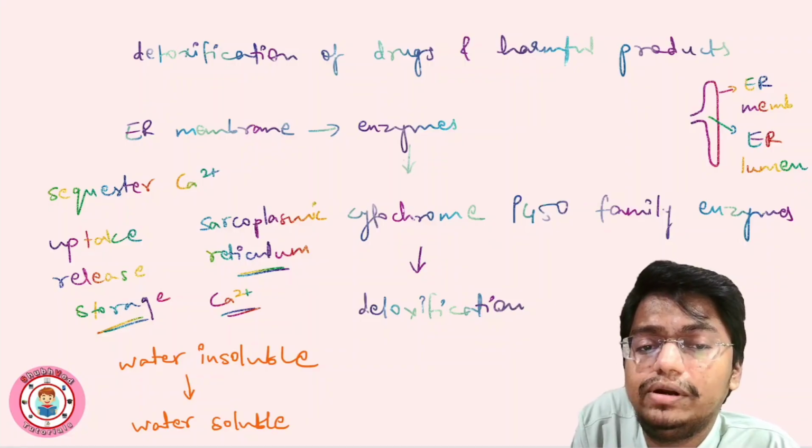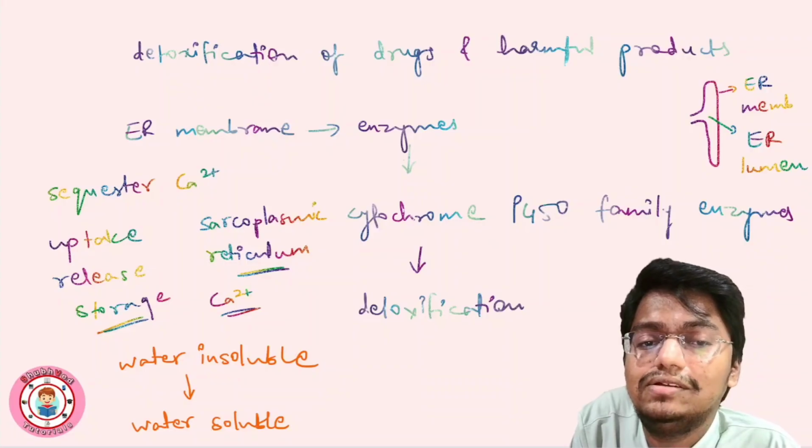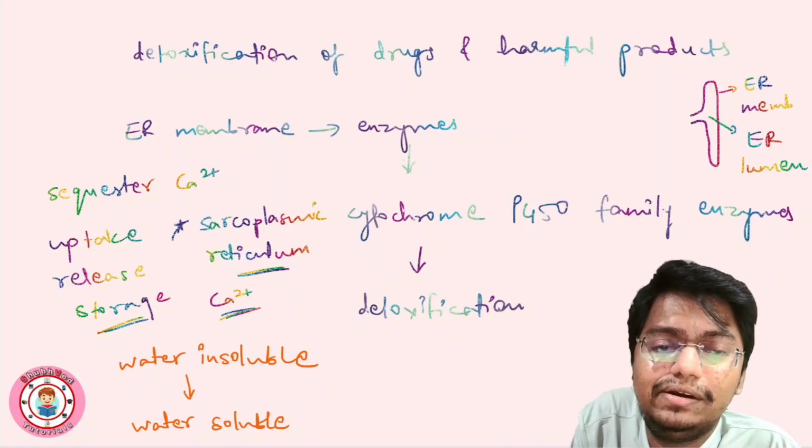When the myofibril contracts and relaxes, proper calcium signaling takes place there. So this is a special type of ER present in muscle cells. This is also very important, you have to remember.